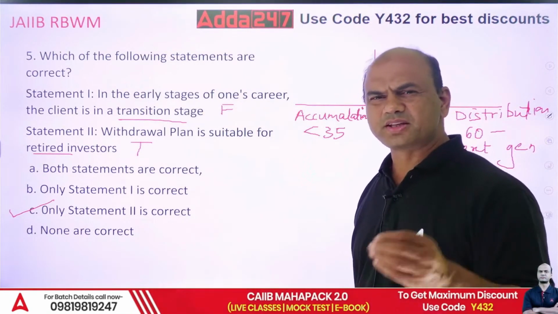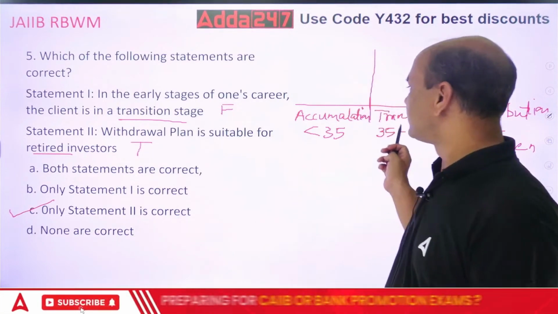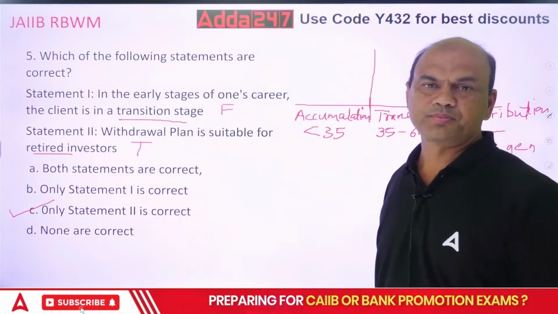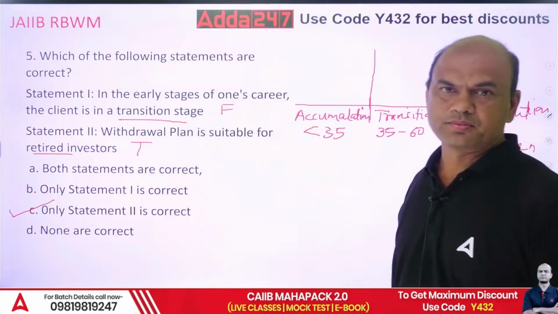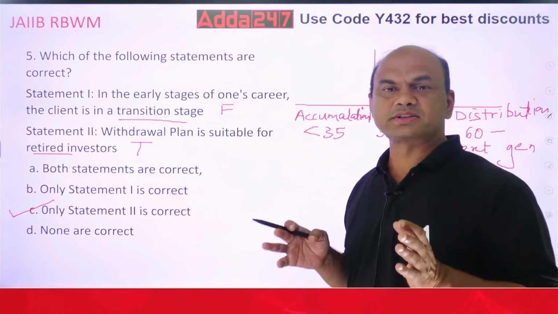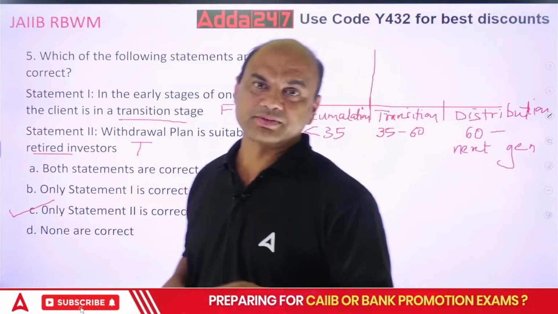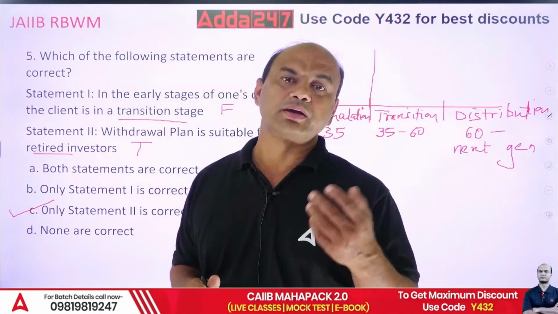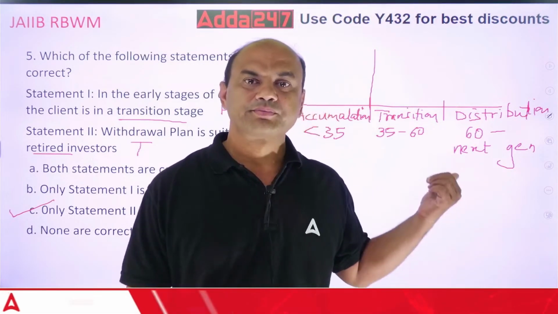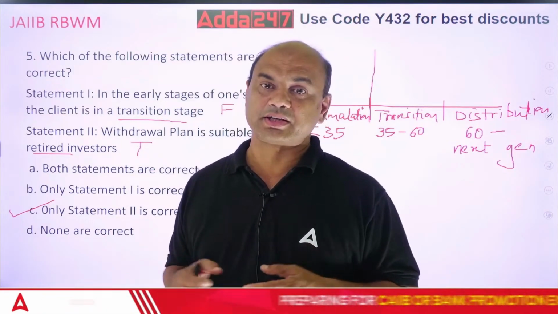Means some things he might buy, but not as much as he or she was purchasing earlier. He will just maintain whatever is there, because by this time he has family expenses, children growing up. So that's why he doesn't go for anything new.